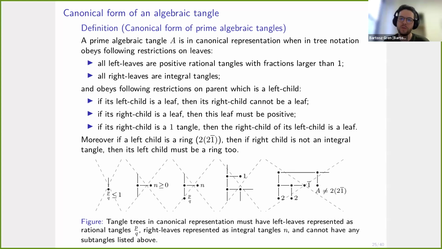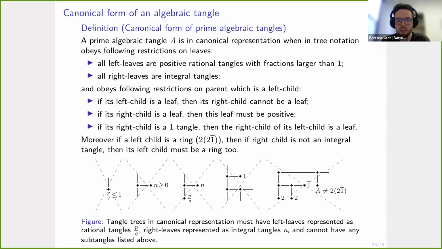So for every state in which a tangle can be moved from state A to state B, we decide which of these states we prefer, and we forbid the other state.